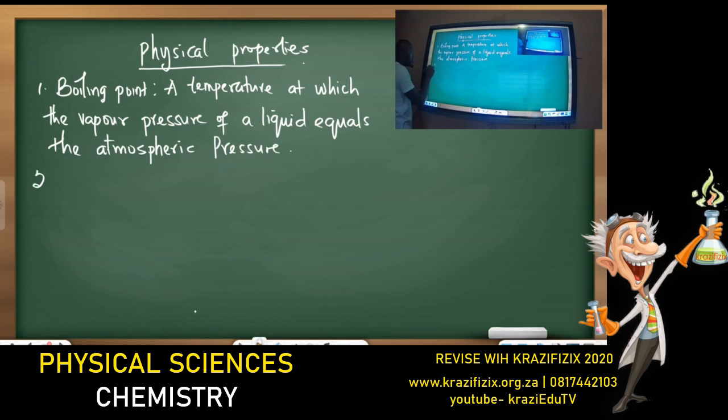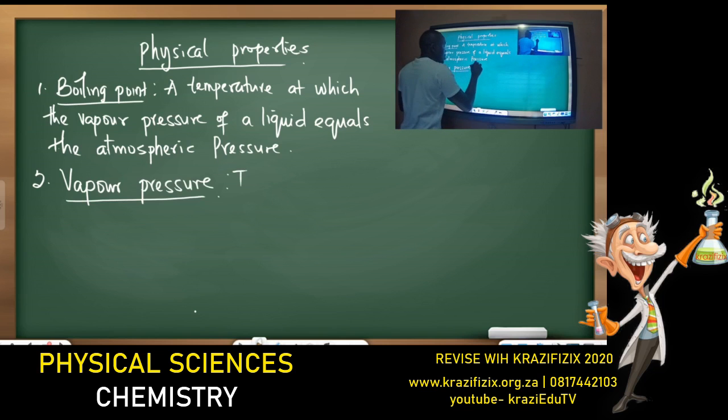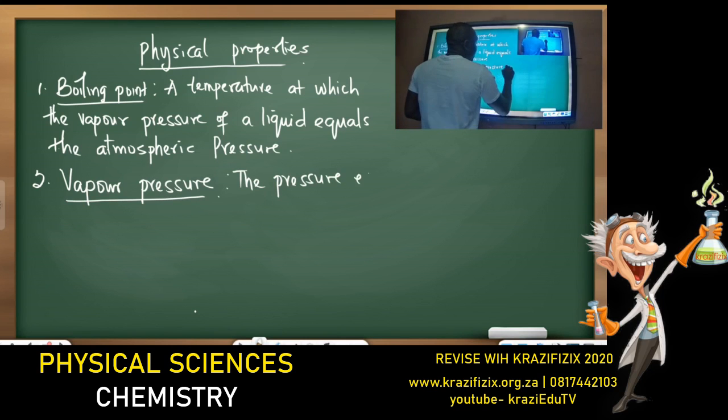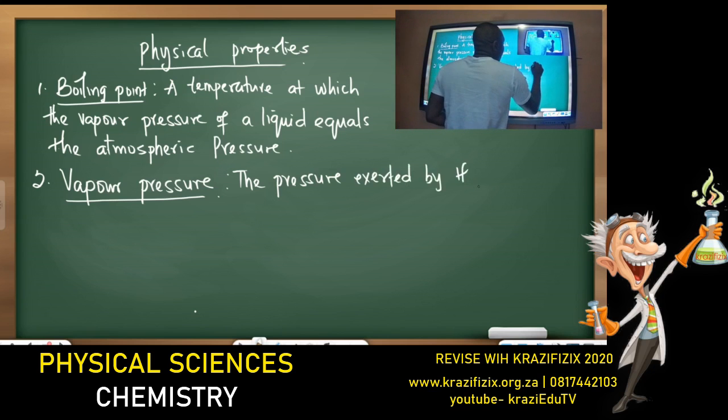Number 2, we need to be able to define vapor pressure. And how are we going to define vapor pressure? It talks about the pressure. So it is the pressure exerted by the vapor on a liquid.